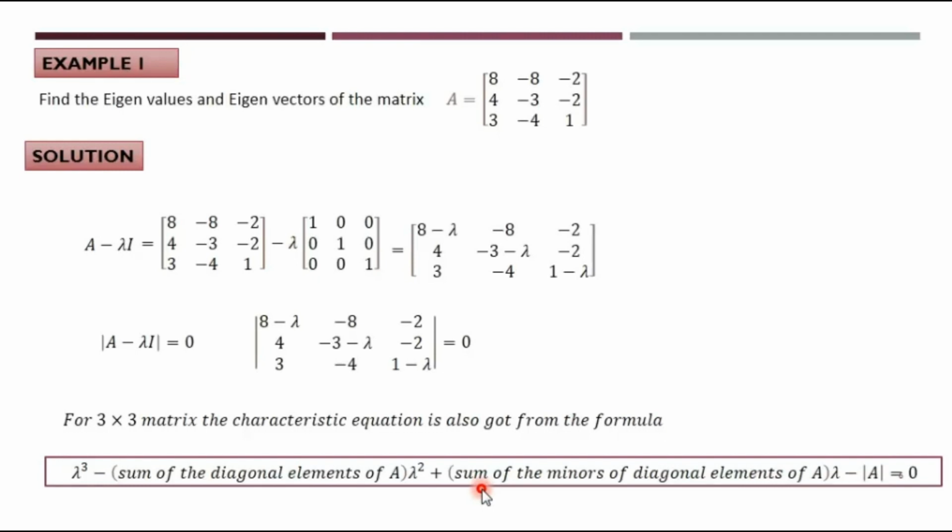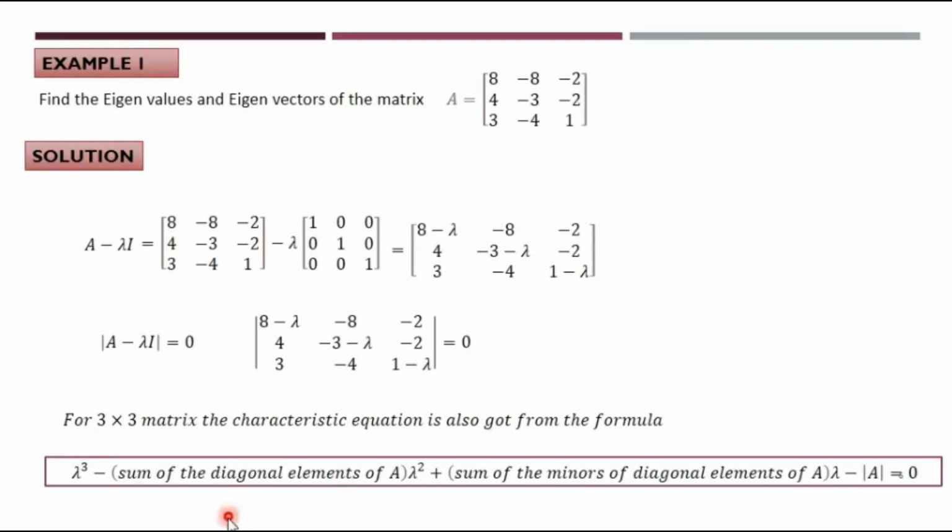Now this formula is applied when you have a 3 by 3 matrix. अगर 2 by 2 है या 4 by 4 है तो हमें determinant से ही solve करना है. अगर 3 by 3 है तो you can directly apply this formula to get the characteristic equation.